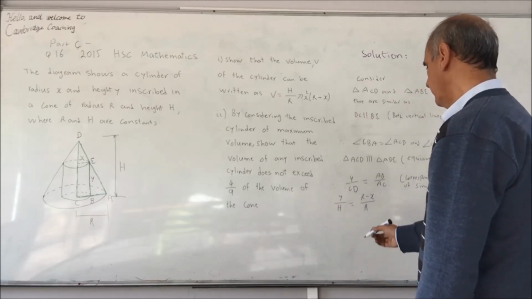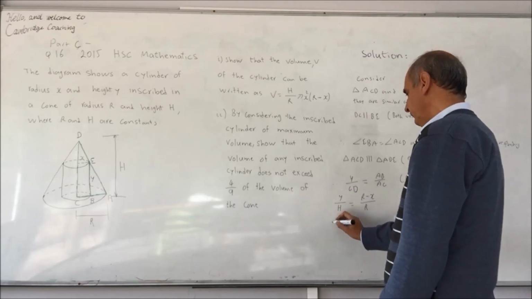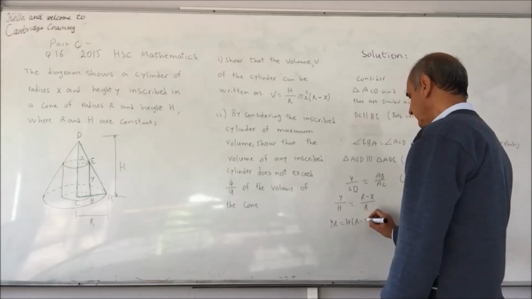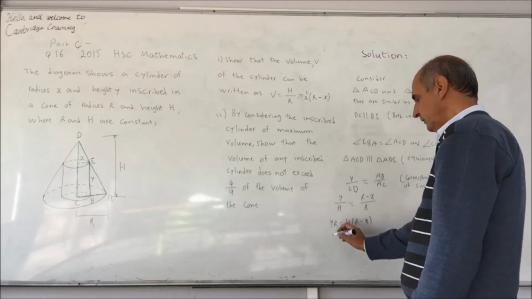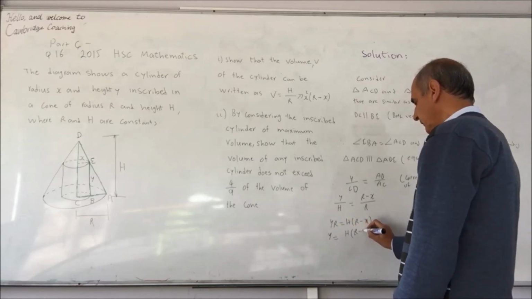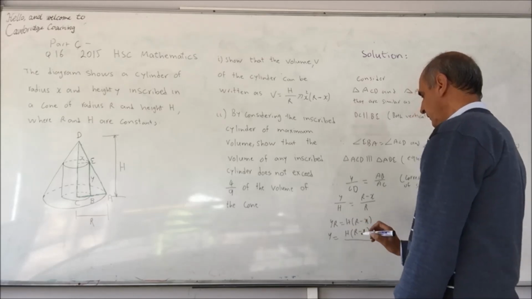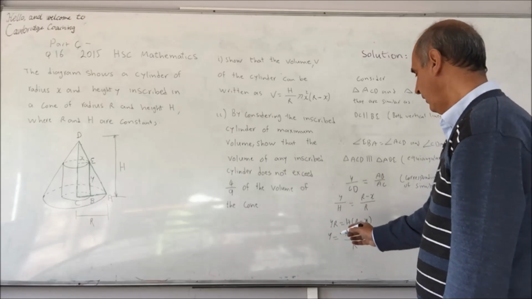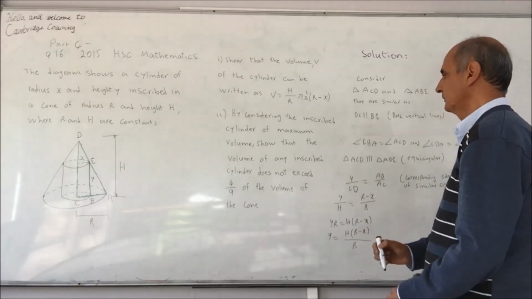From here you cross multiply and you find y, so you get yr is equal to h(r minus x), and divide both sides by r, you get h(r minus x) over r. So we find y in terms of x.